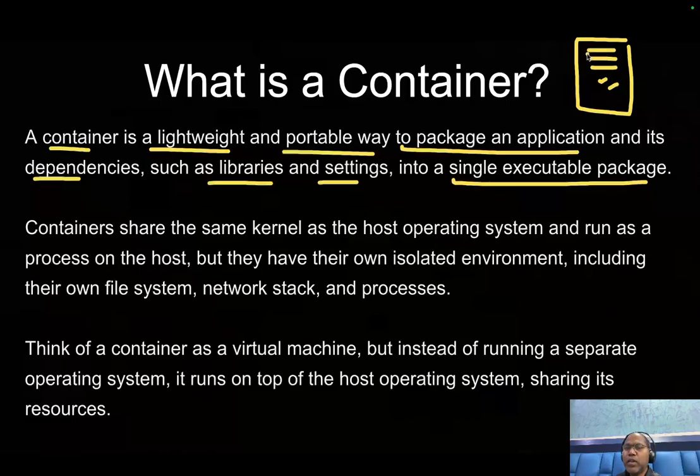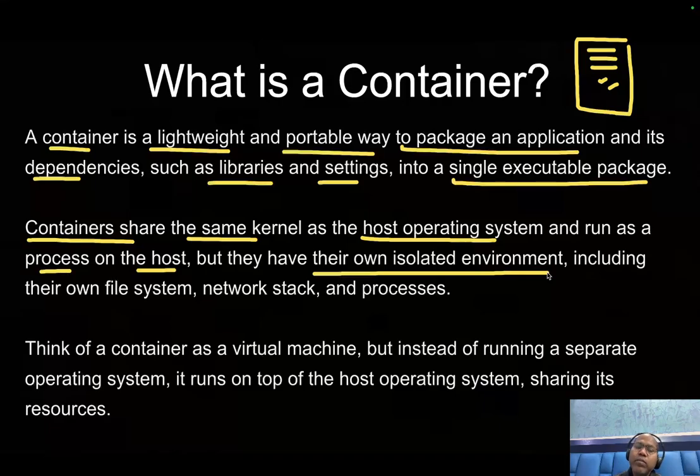So this container is ready to run. This container is just a package of your executable software, and containers share the same kernel as the host operating system and run as a process on the host, but they have their own isolated environment, including the file system and network stack.